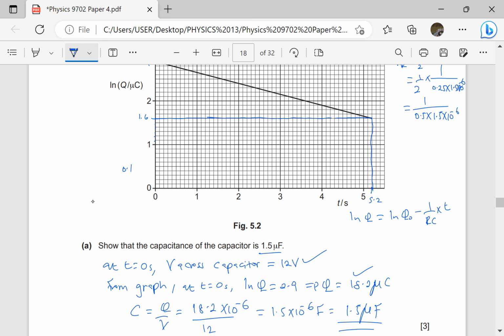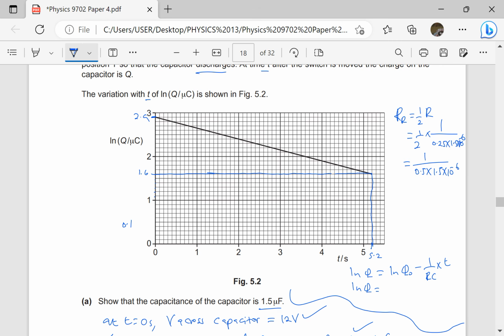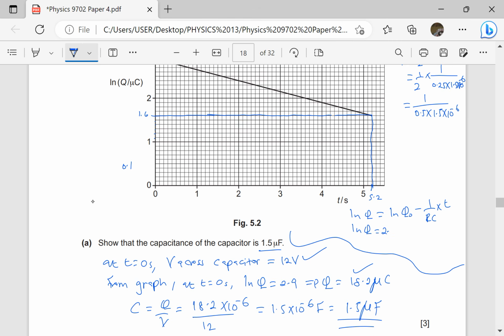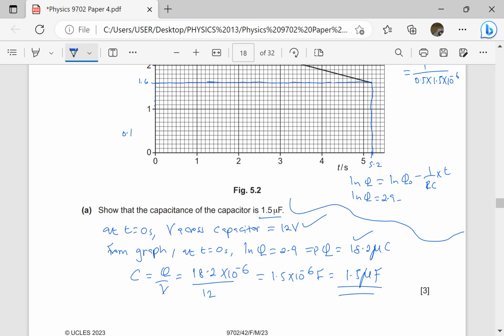I'm going to use the maximum time from 0 to 5. So ln of Q is what I want to find. Ln of Q is going to be ln of Q naught, starting from T equals 0, which is 2.9, minus 1 over RC.